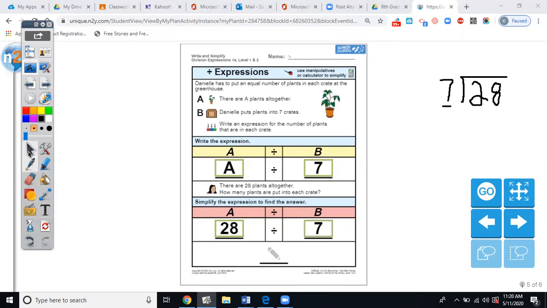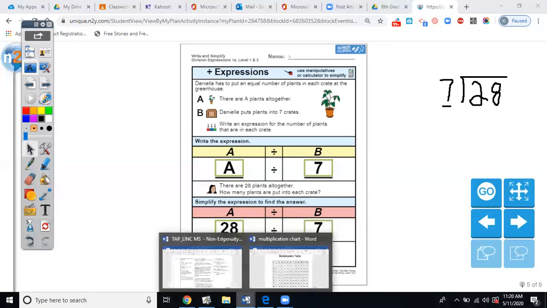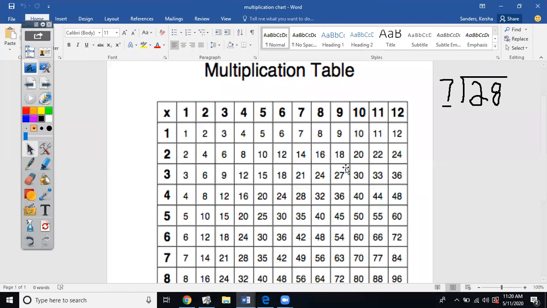Okay, so let's go over to our multiplication chart. Start with the 7. Go down until we see 28, the dividend. There it is. And let's go straight across to find our answer. And our answer, or our quotient, that goes right up here, is 4.